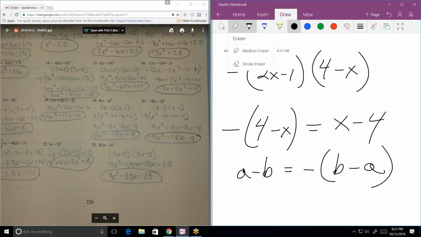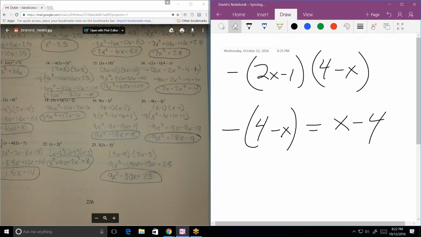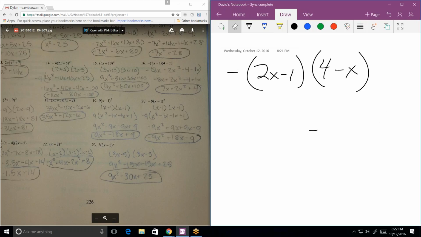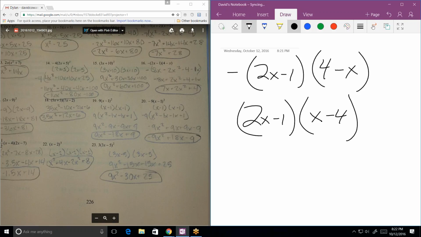You can immediately eliminate any confusion by that negative sign. If I want to take that negative sign and distribute it to the 4 minus x, then the real problem I have is this. Now, piece of cake, right?